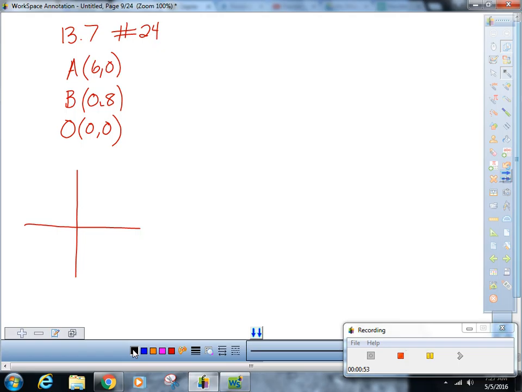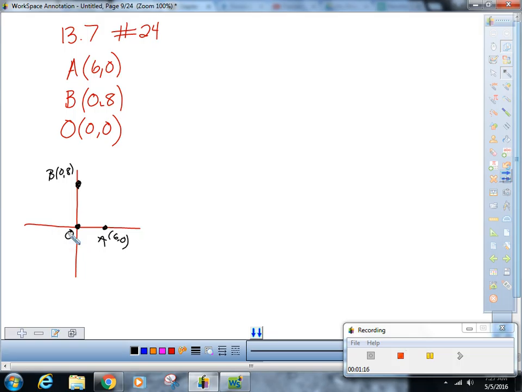Well, I better draw a picture. A is (6,0), B is (0,8), and there's O. One more time, Part A says rotating it around OA.